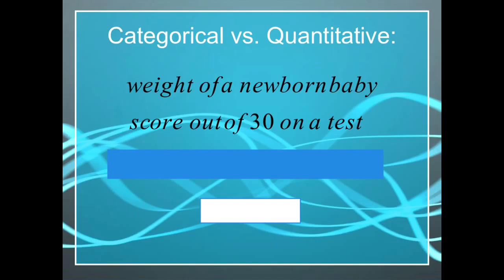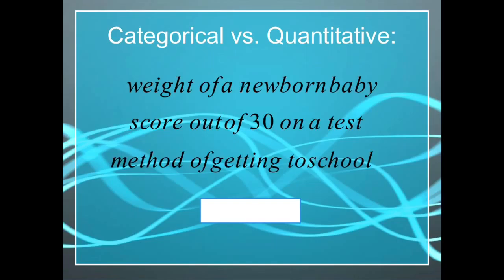Again, your score is a numerical value, so that's another quantitative variable. Method of getting to school, that describes how you get to school, maybe walking, riding a bike, or driving. That is a categorical variable because it's describing something. And finally we have gender. This is again a categorical variable because it's describing something about the person.